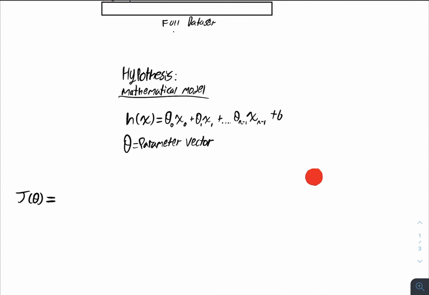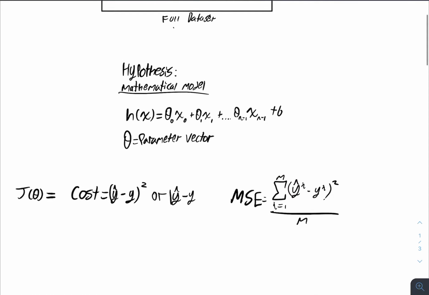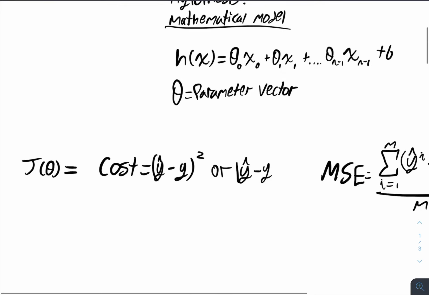But the question is, how do we determine whether our model is accurate? Well, to do this, we use something called a cost function. We represent cost as J of theta. And here we have y hat. Y hat represents what our model predicts, that is our prediction. And then we find the squared difference between our prediction and the actual value. We call this our cost.